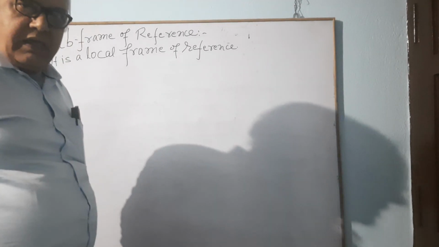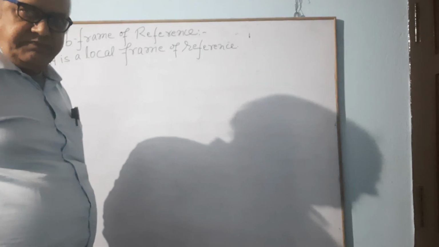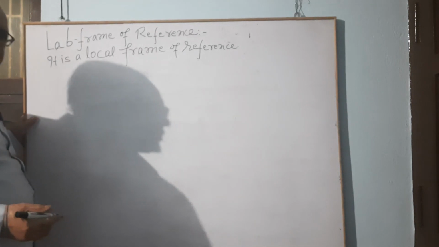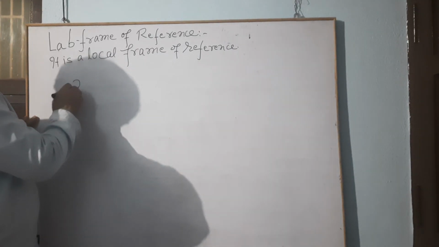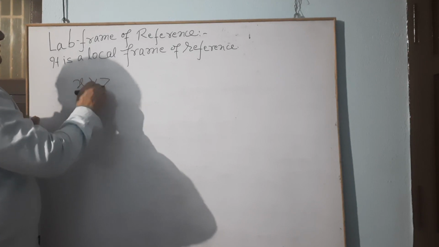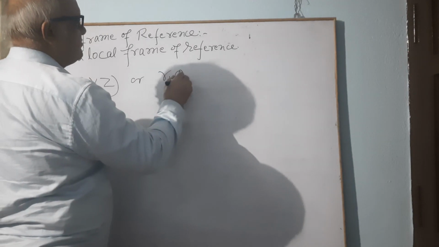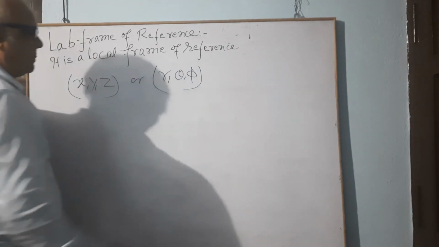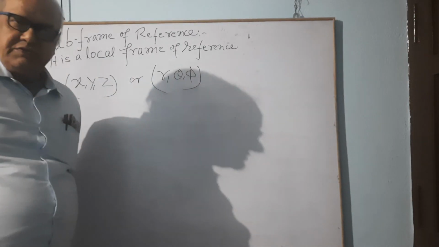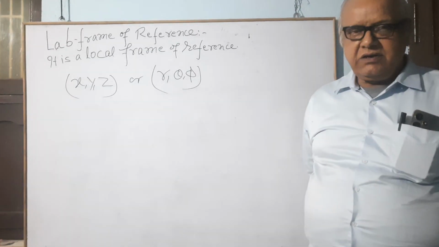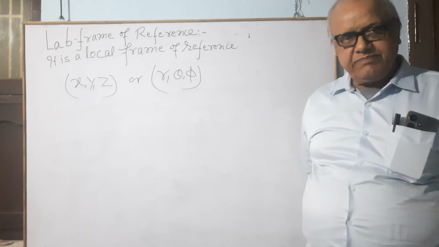In local frame of reference, we assume three coordinates x, y, z or r, theta, phi. x, y, z is in Cartesian system of coordinates and r, theta, phi is in a spherical polar coordinate.